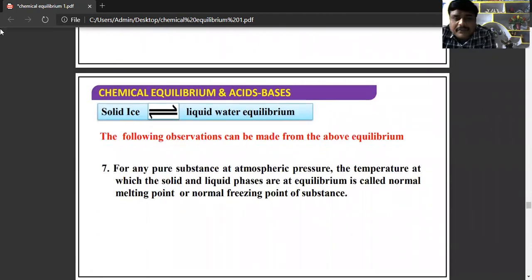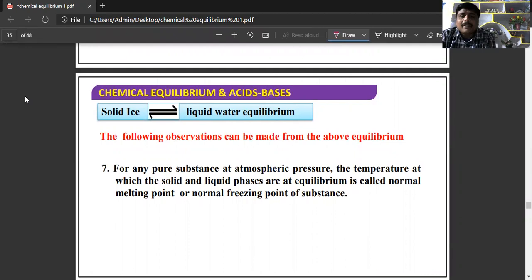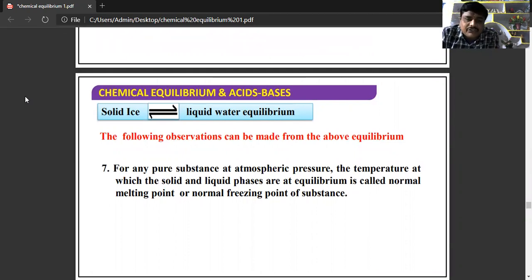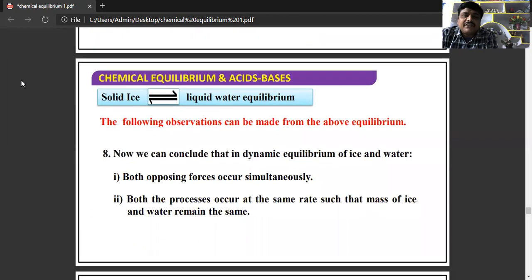For any pure substance at atmospheric pressure, the temperature at which the solid and liquid phases are at equilibrium is known as normal melting point and normal freezing point. That means the temperature at which the solid is converted into liquid state is known as melting point, and the temperature at which the liquid is converted into solid state is known as freezing point.